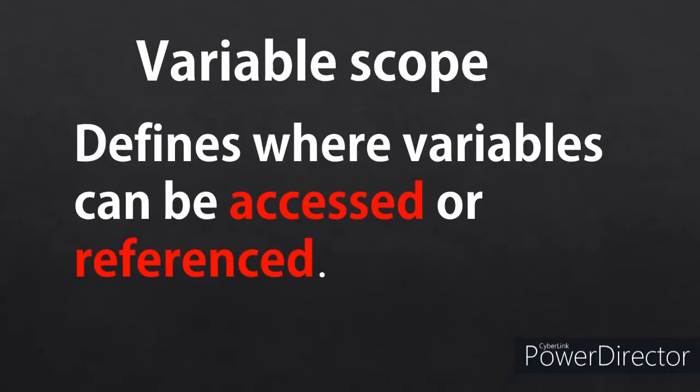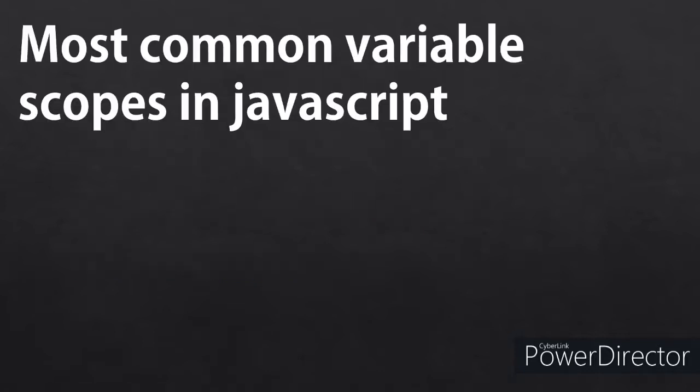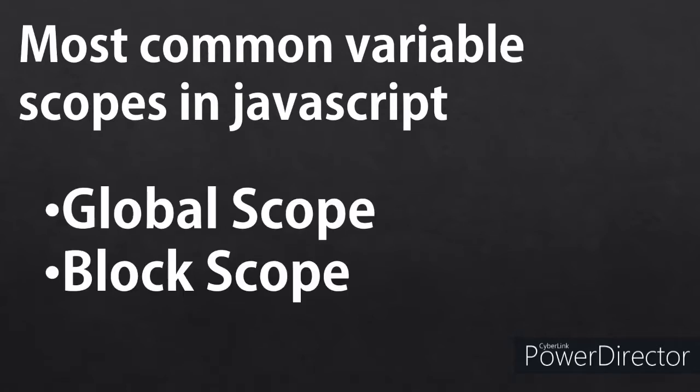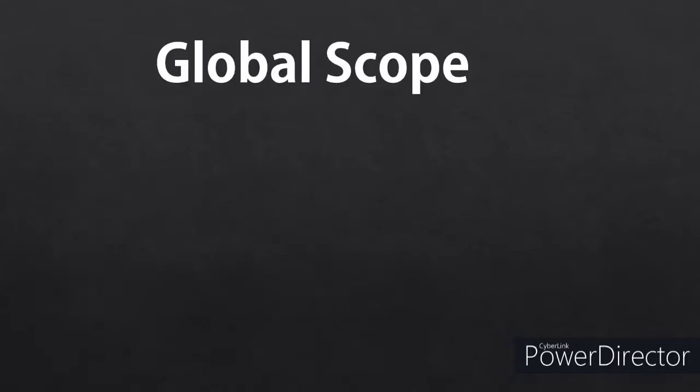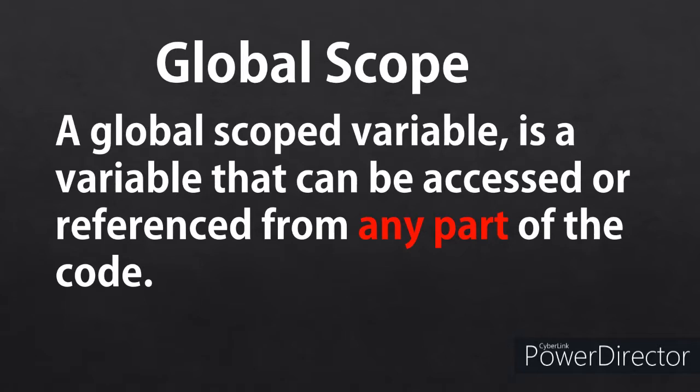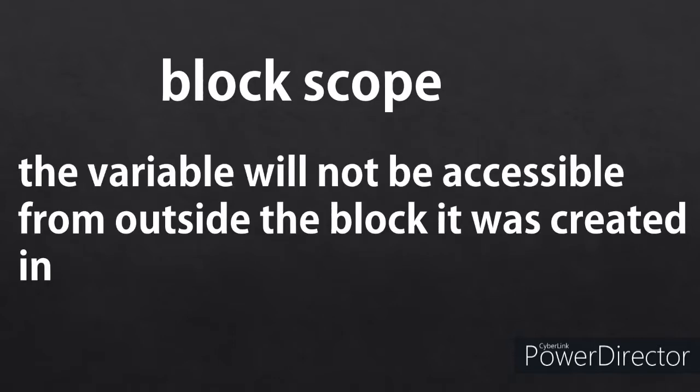Variable scope defines where variables can be accessed or referenced. The most common variable scopes in JavaScript are global scope, block scope, and lexical scope. Global scope variable is a variable that can be accessed or referenced from any part of the code.